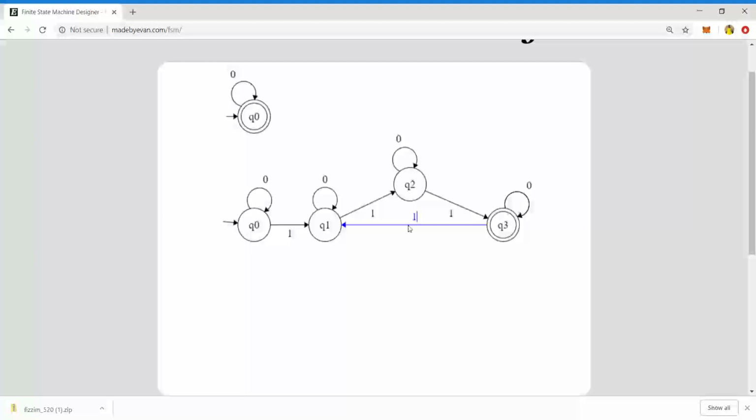So that's why we have given this to Q1. Now you can see it will accept all the strings when n is equal to 1, n is equal to 2, 3 or whatever.